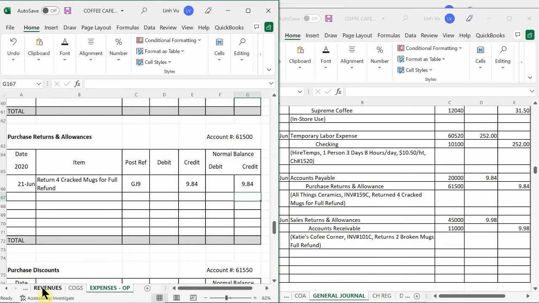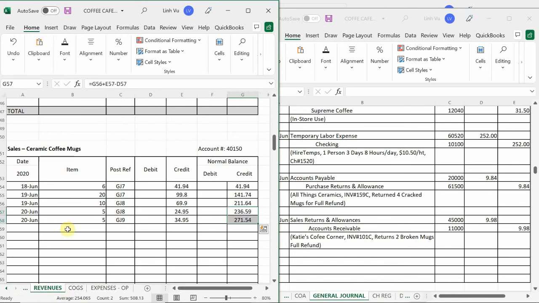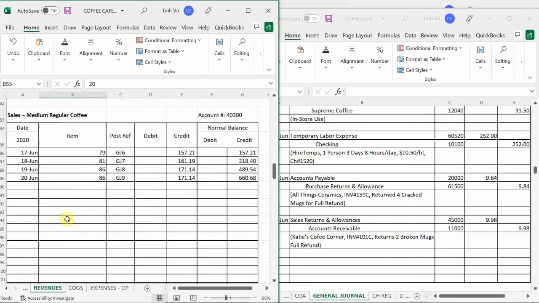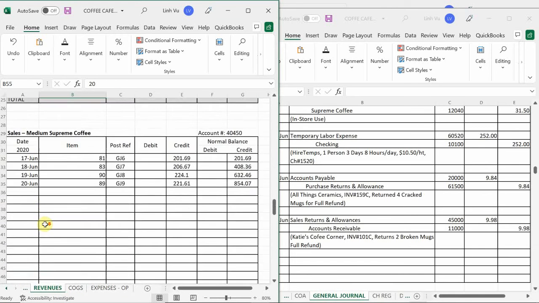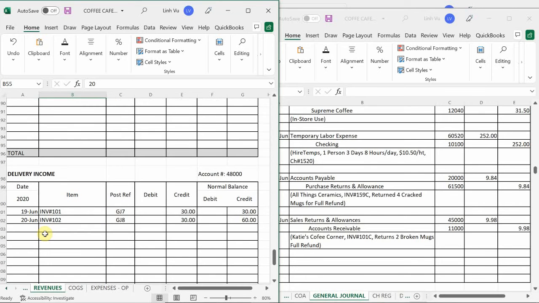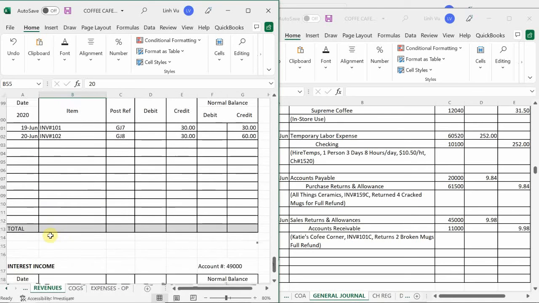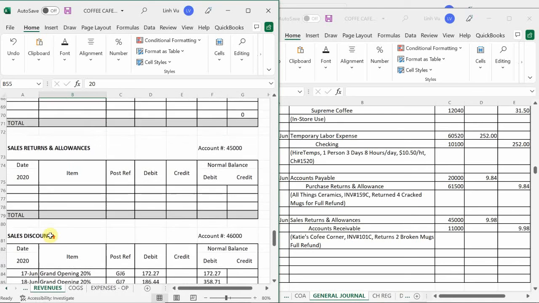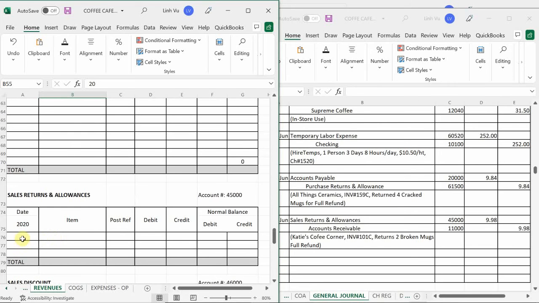In this case, we're looking at revenues because we are decreasing, because she ended up returning her items. So here, there's sales discount, sales, delivery income. So it's above this one. There you go: sales returns and allowances.